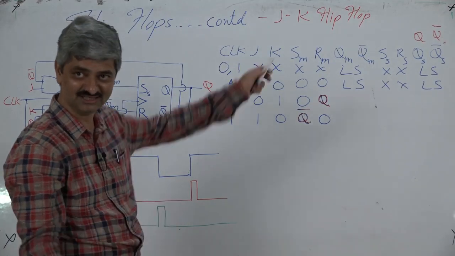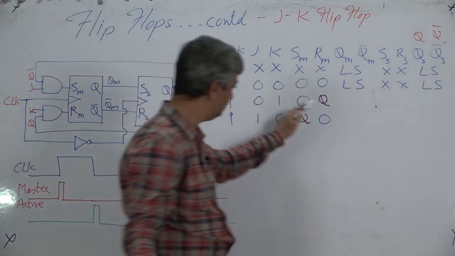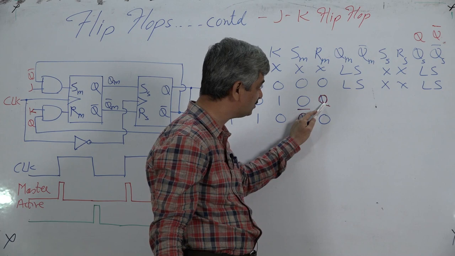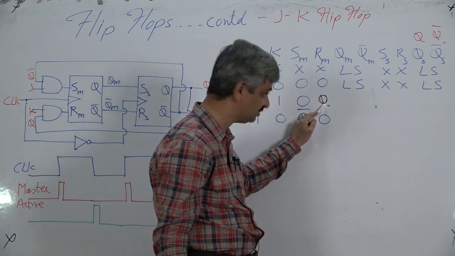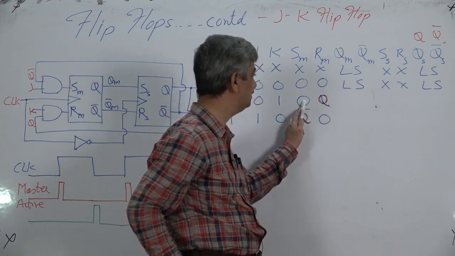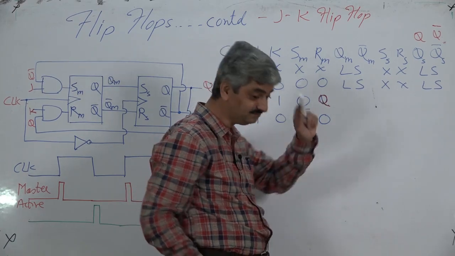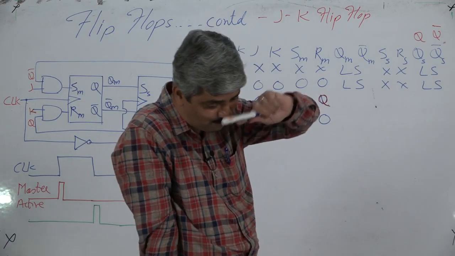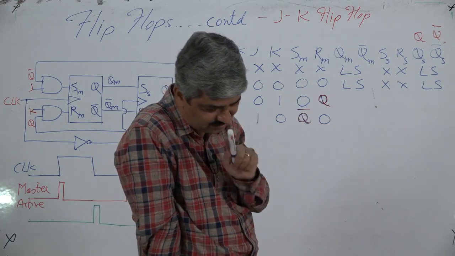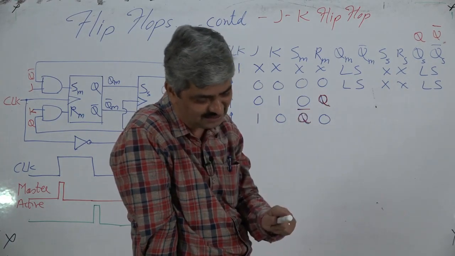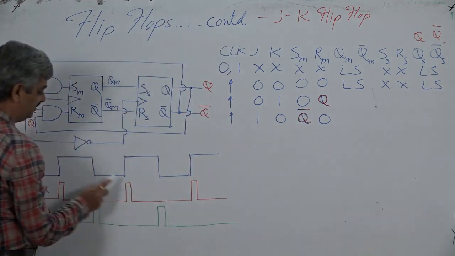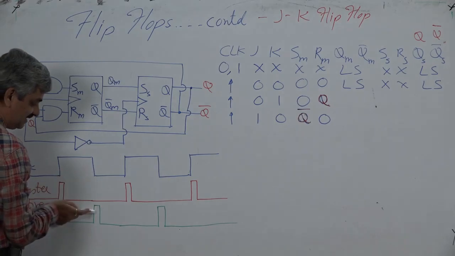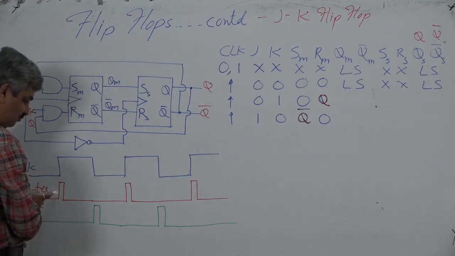Now this we discussed, that if slave Q was 0, in that case it is 0, 0. That time, at the time of falling edge, slave's outputs are set. Means if we talk of this edge, slave's output have been decided by this edge which had followed master's output.